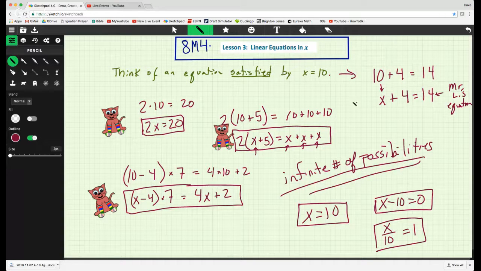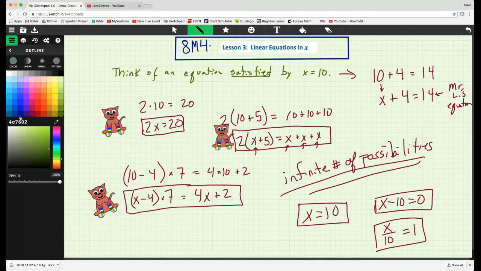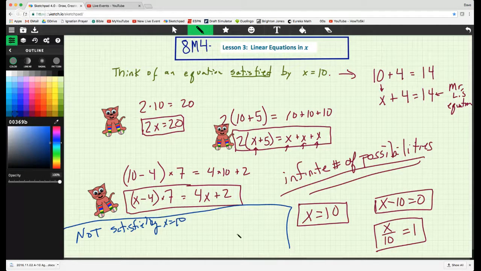Okay, let's do an equation that's not satisfied by x equals 10. Let's just do one that's not. How about this one? 2x equals 4.